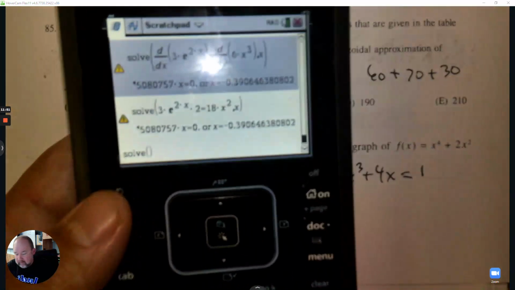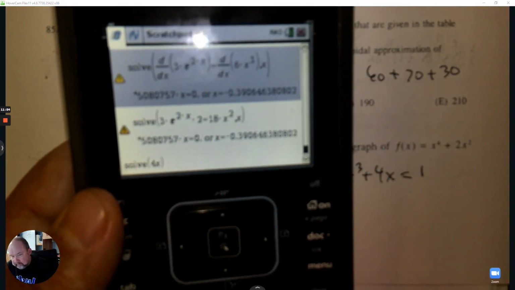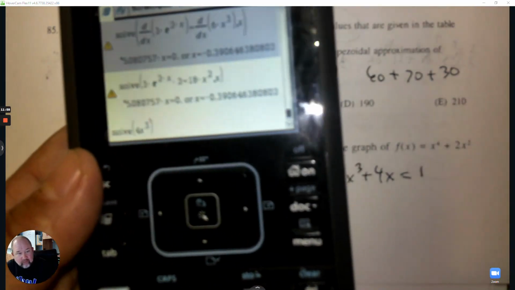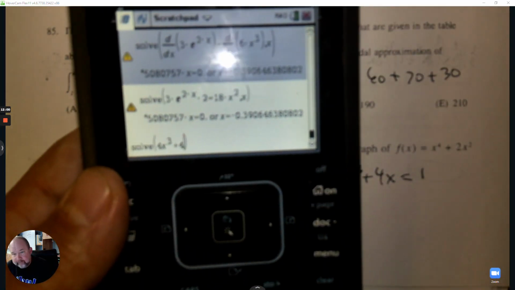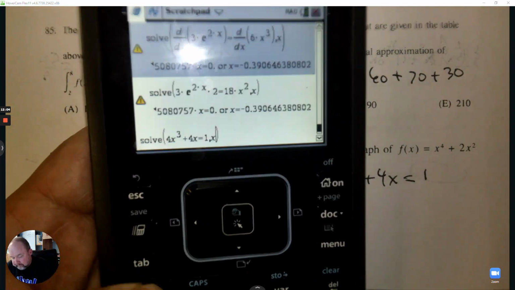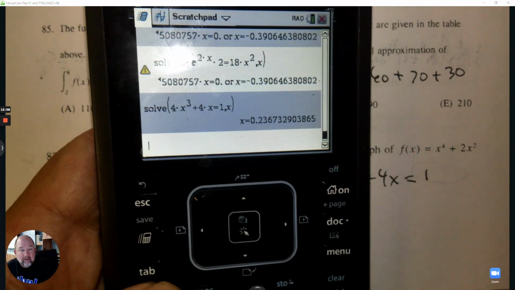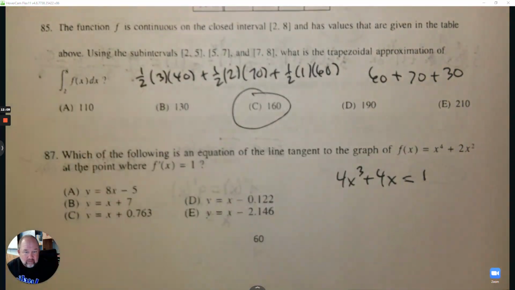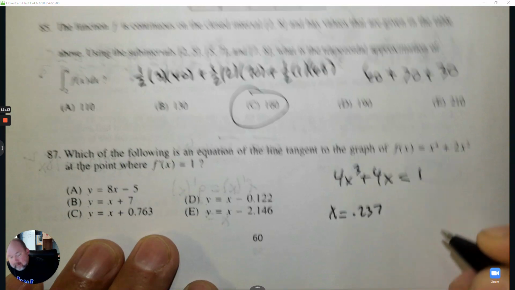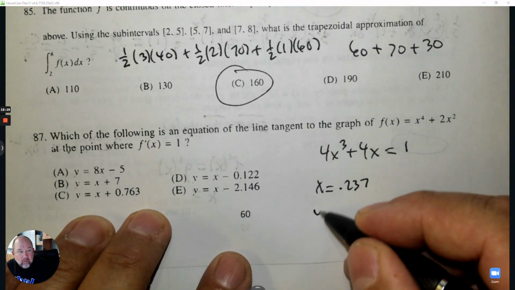So I'm going to type in 4x cubed plus 4x equals 1, comma x. All right, I get 0.237. Then, what does y equal?